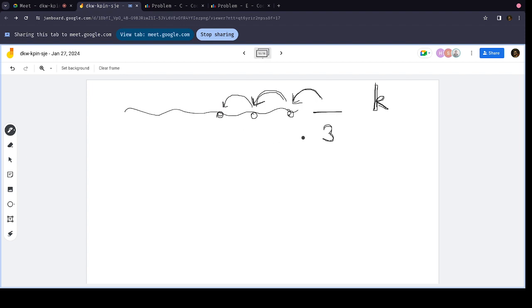Because if you left shifted the array 3 times, this element might have been the last element on the k minus 1th operation. Like 3 would have been here, some number, and this element would have been here in the k minus 1th operation.